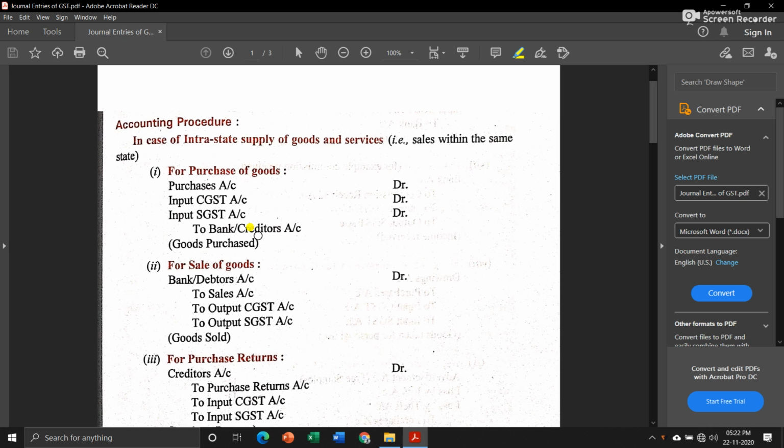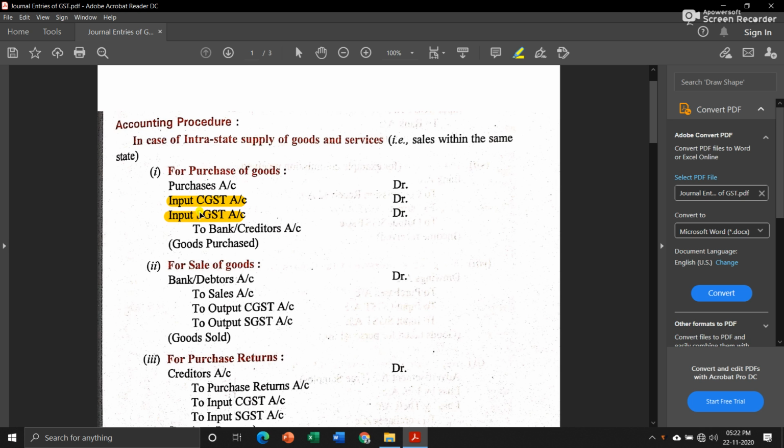Now in addition to the purchases entry, what we have to include in GST is input CGST and input SGST. We are talking about intrastate supply, and in intrastate supply we have to consider both CGST and SGST. Now since we know that while purchasing goods, goods are coming inside our business, so the GST, that is CGST or SGST, that we pay is nothing but our input CGST and input SGST.